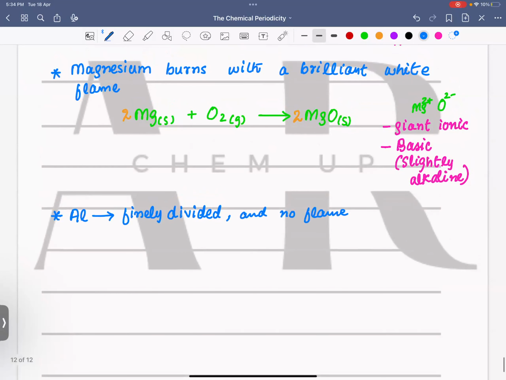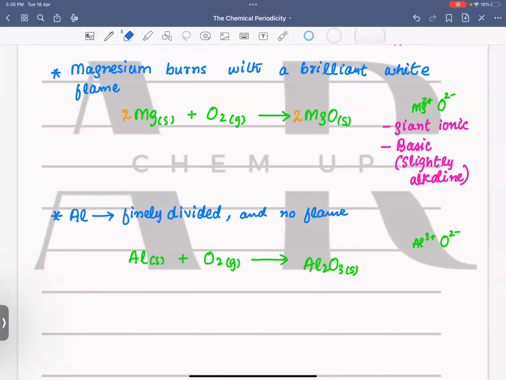Okay. So here I have aluminium reacting with oxygen, and if you look at the charges, aluminum is 3 positive and oxygen is 2 negative, so it would be Al2O3 solid. And to balance the equation, 2, okay, wait, 2 over here, 4 over here, and 3 over here.